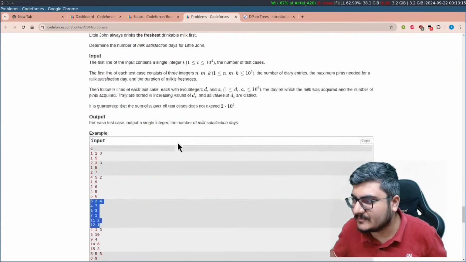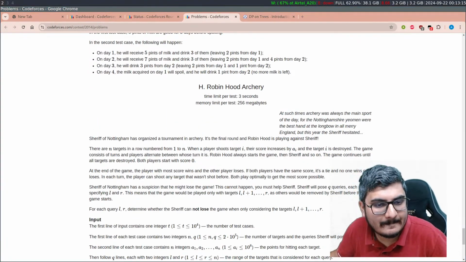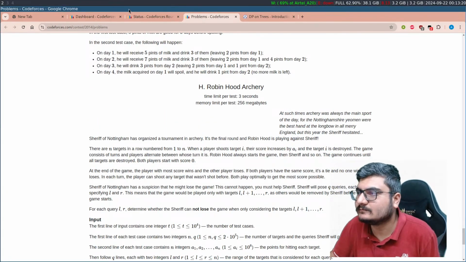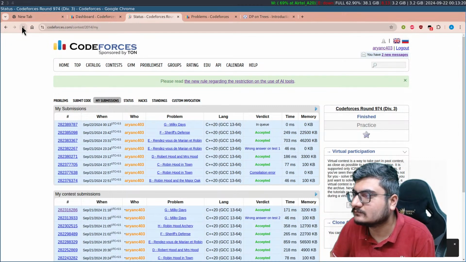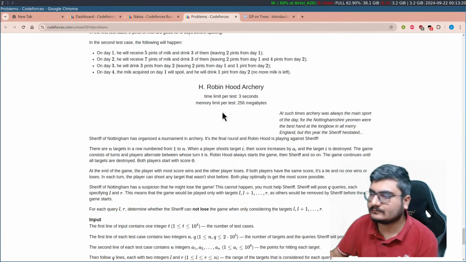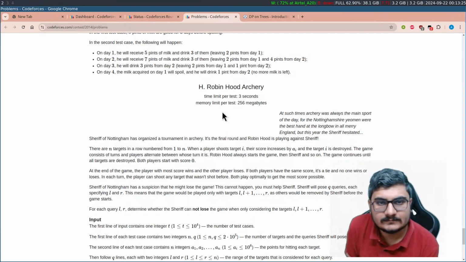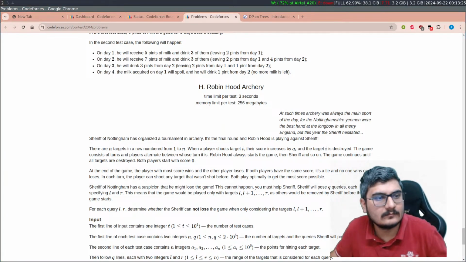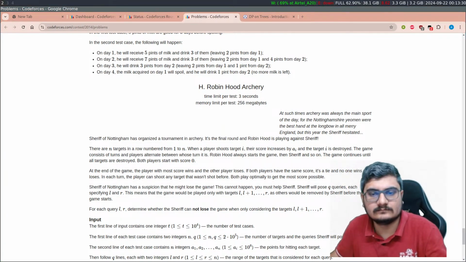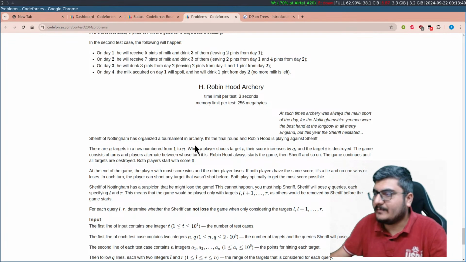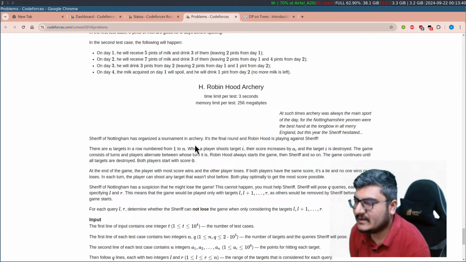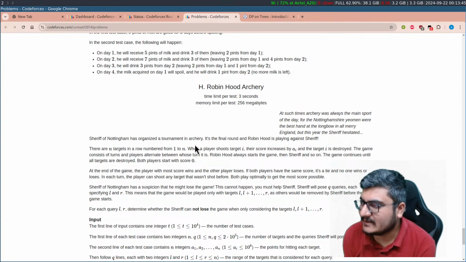Any questions on problem G before we move on to problem H? Okay, problem H says the Sheriff of Nottingham has organized a tournament in archery.